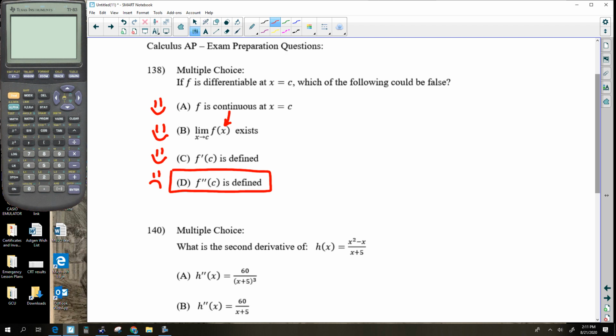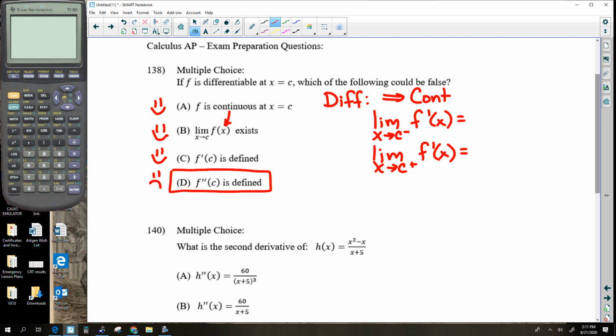Again, differentiability implies the continuity test but of derivatives. So to be differentiable, first and foremost, it must be continuous. And then we have the limit as x goes to c from the left equal to the limit as x goes to c from the right, equal to some number, I'll just put in a number like 5. That implies that the limit as x goes to c of the derivative is equal to 5.